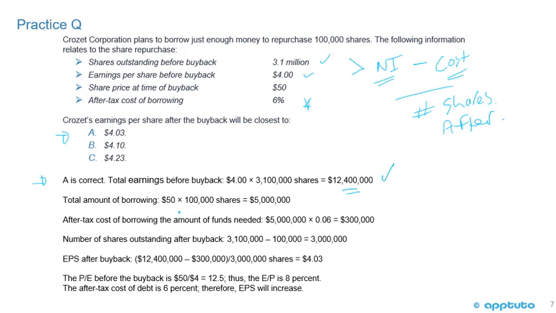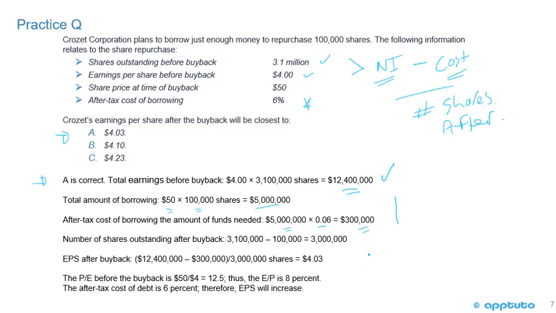And the total amount of borrowing is going to be $50 times the 100,000 shares, which is $5 million, okay? The after-tax cost of borrowing is 6%, so it's going to be $5 million times 6%, $300,000. So far, so good. Basically, don't even need the calculator for those simple calculations.